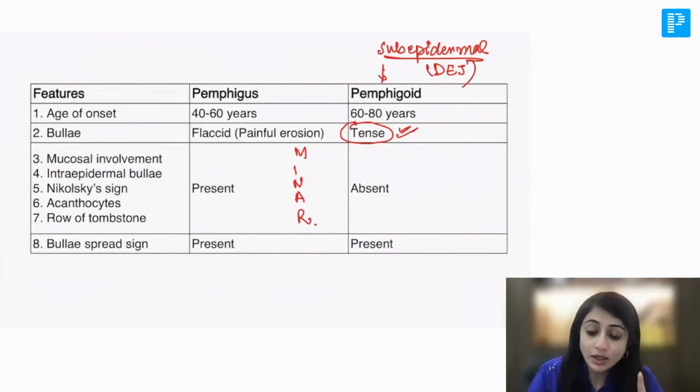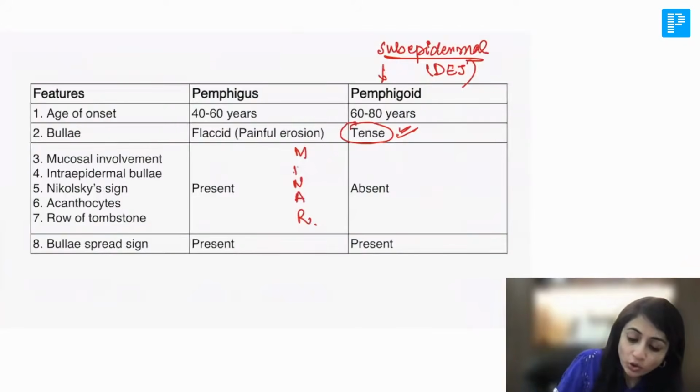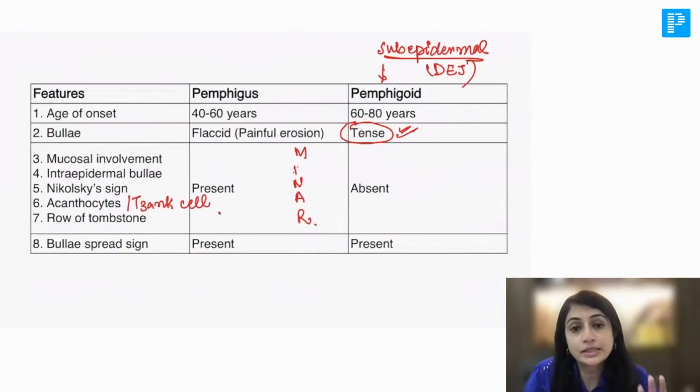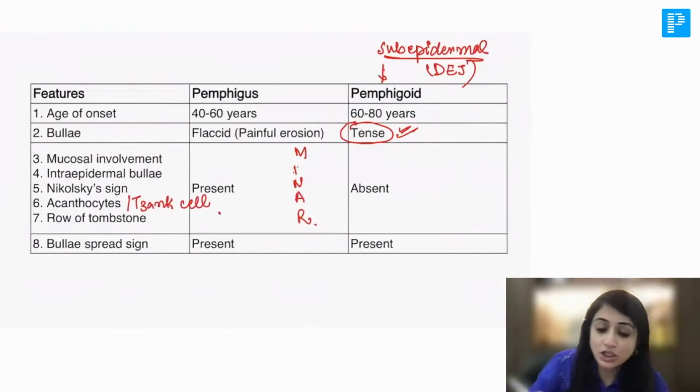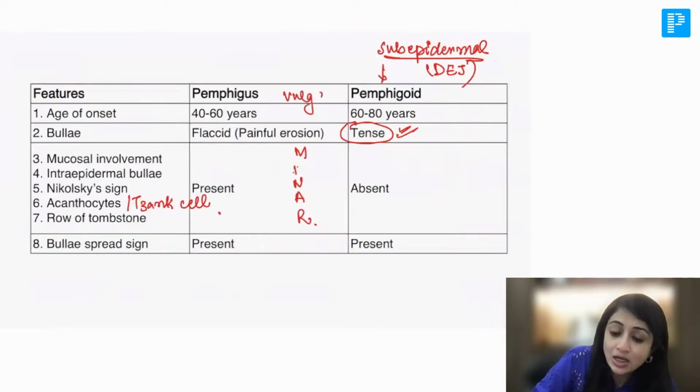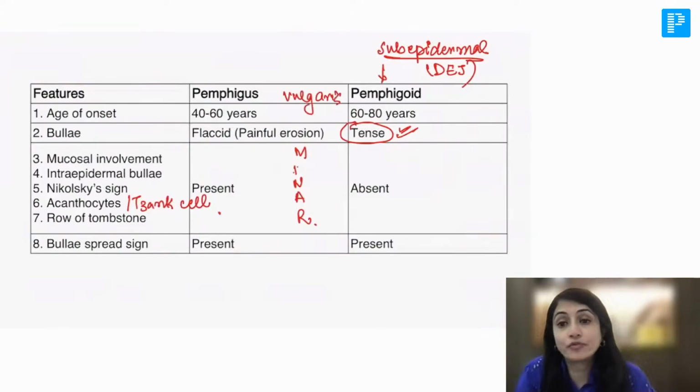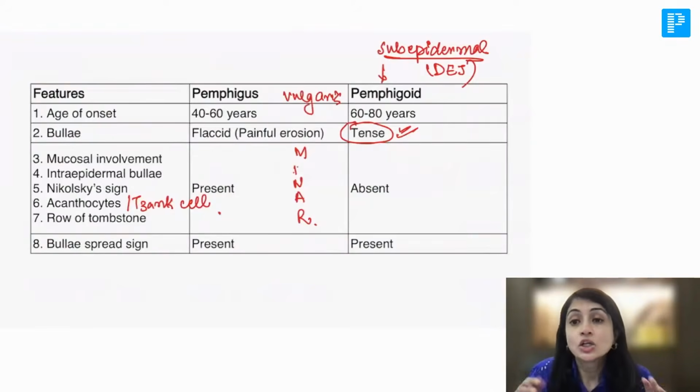So what is MINAR? Mucosal involvement, intraepidermal bullae, Nikolsky sign, presence of acantholytic or Tzanck cells, and row of tombstone appearance. All of this is seen in pemphigus, and especially pemphigus vulgaris, and not seen in pemphigoid group of disorders. So flaccid and tense bullae, MINAR being positive in pemphigus, absent in pemphigoid group.